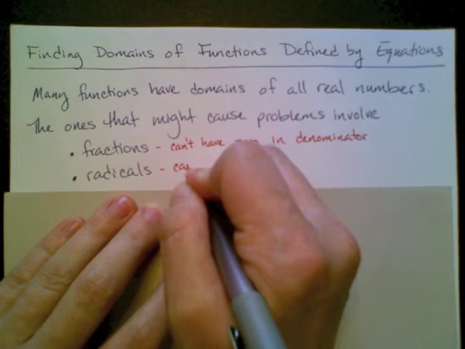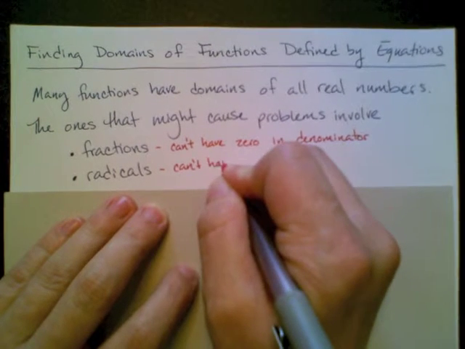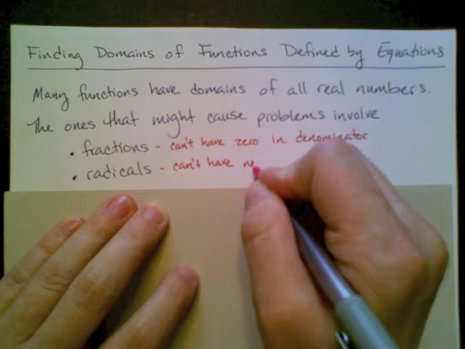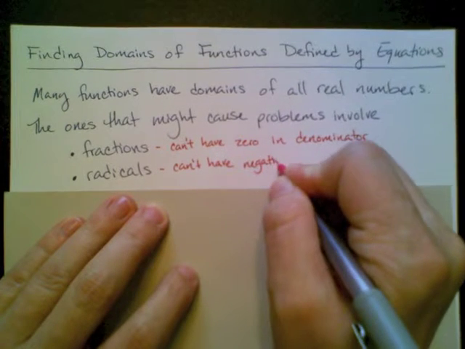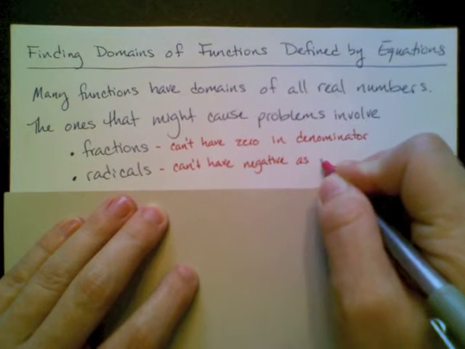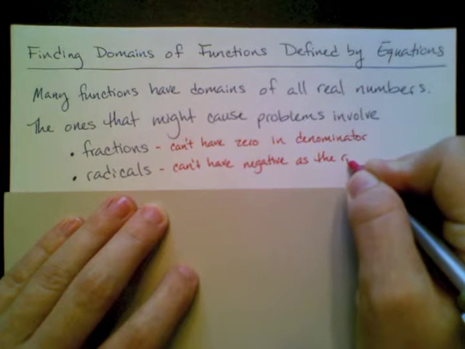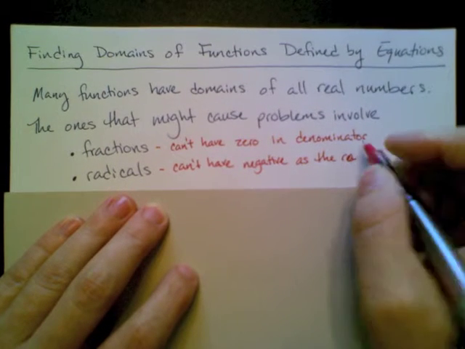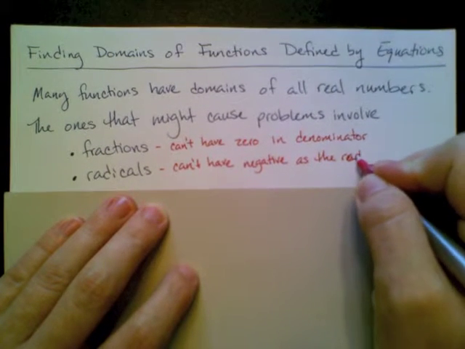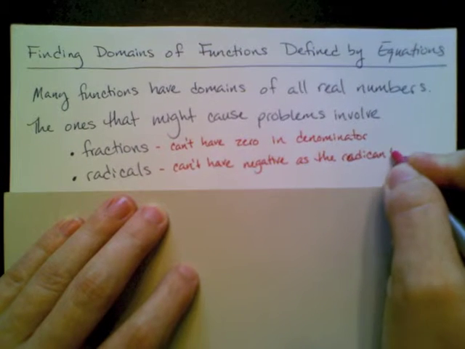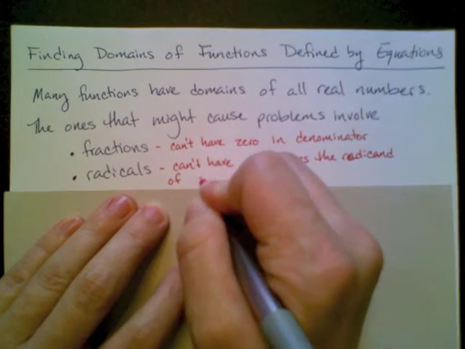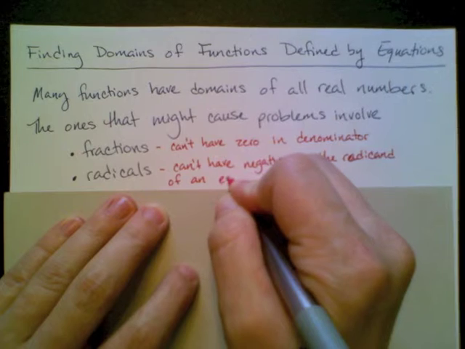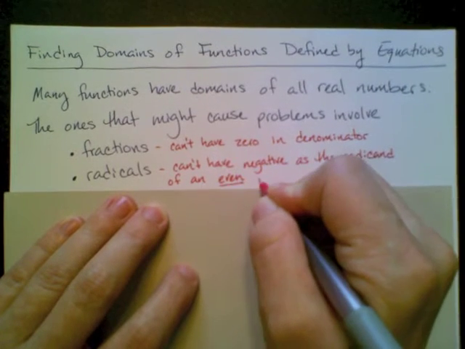Radicals can't have negative as the radicand. And the radicand is just the thing under the radical sign, of an even root.